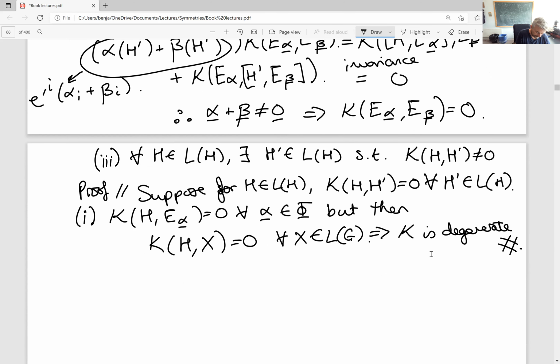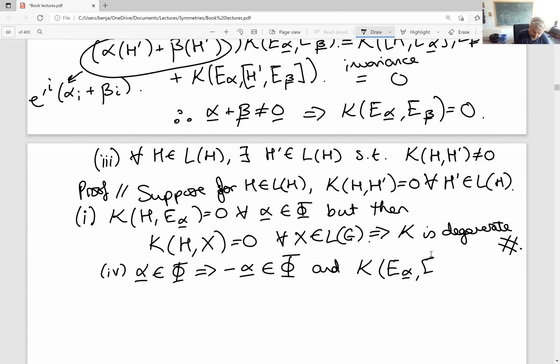So fourthly, if we have an element alpha of the root set, then we're going to show that minus alpha is also in the root set, and that the killing form of E alpha and E minus alpha is not 0. The proof here actually comes from the first two results.